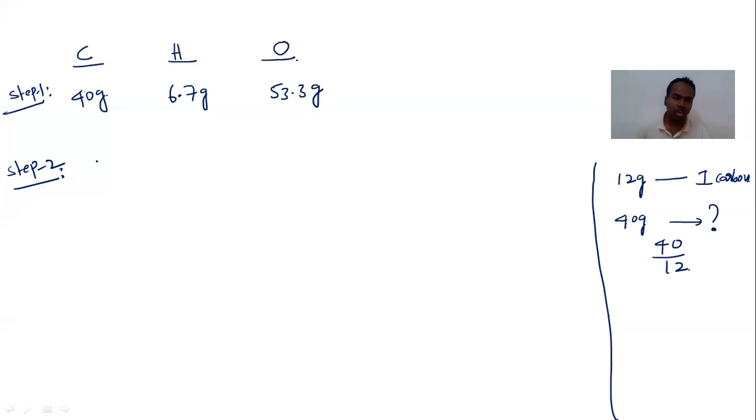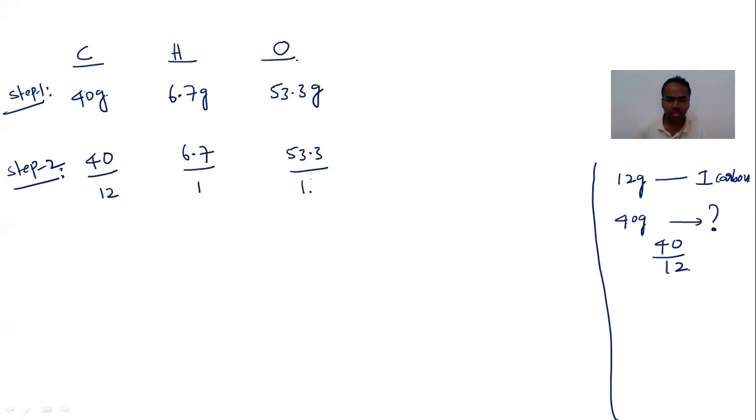So in order to find the number of relative atoms, we have to divide every weight with their respective atomic masses. So 40 divided by carbon atomic mass, which is 12. In the same way, to find the number of hydrogen atoms, we divide 6.7 by the hydrogen atomic mass, which is 1. Oxygen is 53.3 by 16, the oxygen atomic mass.